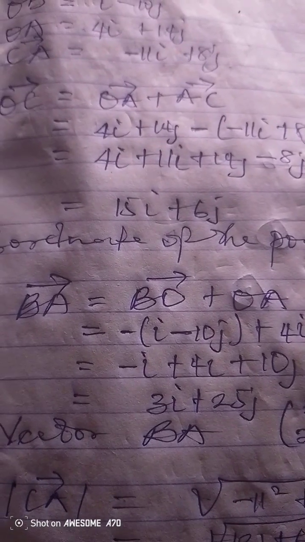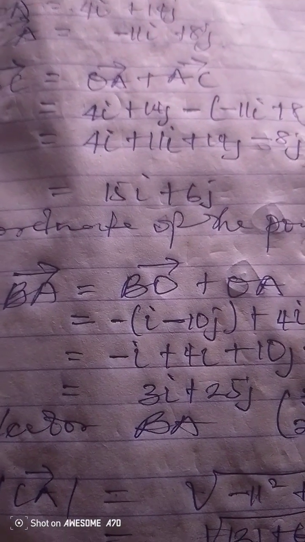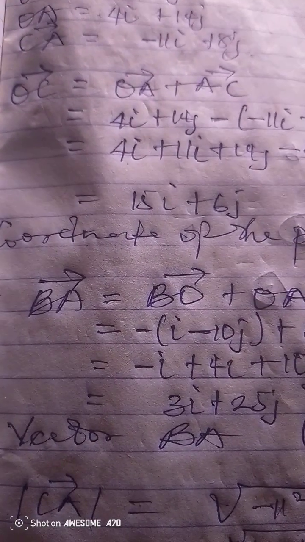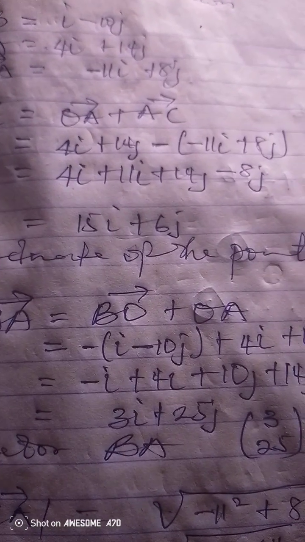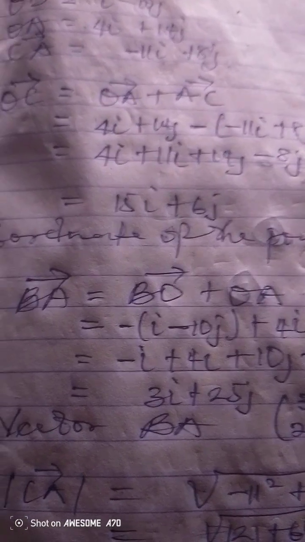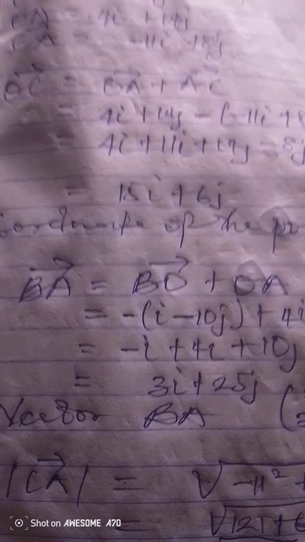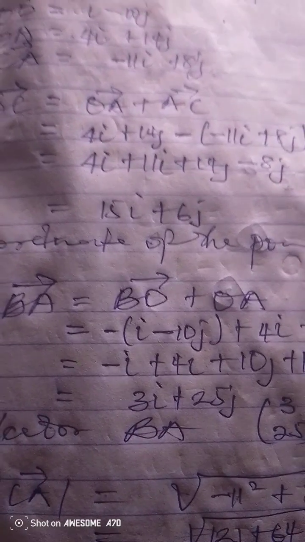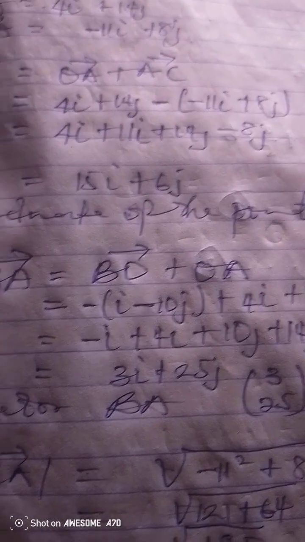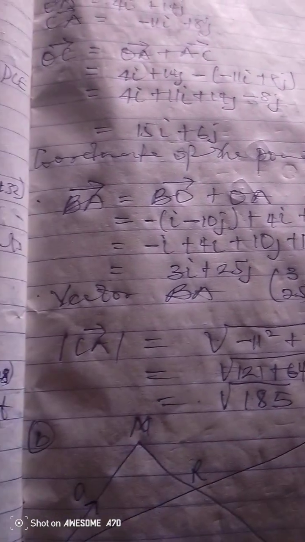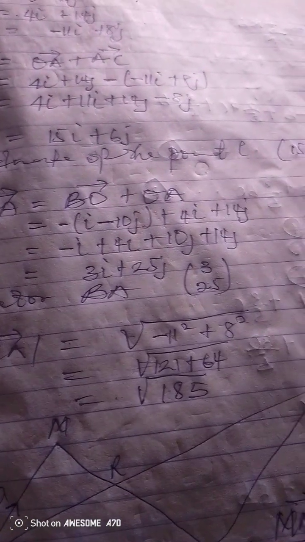So vector CA and vector AC are negative vectors of each other. Since CA is given, we have AC as negative of (minus 11i plus 8j). So we add up based on components: 4i plus 11i, plus 14j minus 8j, which gives us 15i plus 6j. Therefore, the coordinates of the point C is (15, 6).